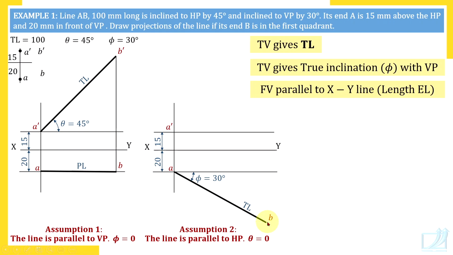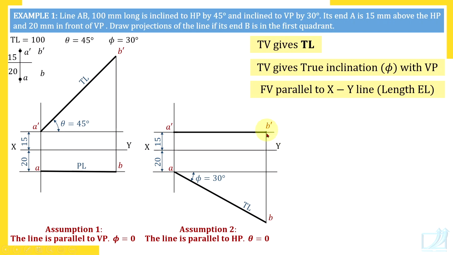Okay. So now B, draw vertical line through B, that is projector through point B. And on this projector B dash is. And we know that front view is parallel to XY line, means A dash B dash, somewhere on this line B dash is. A dash B dash is parallel to XY line. So through B, draw projector and mark B dash.